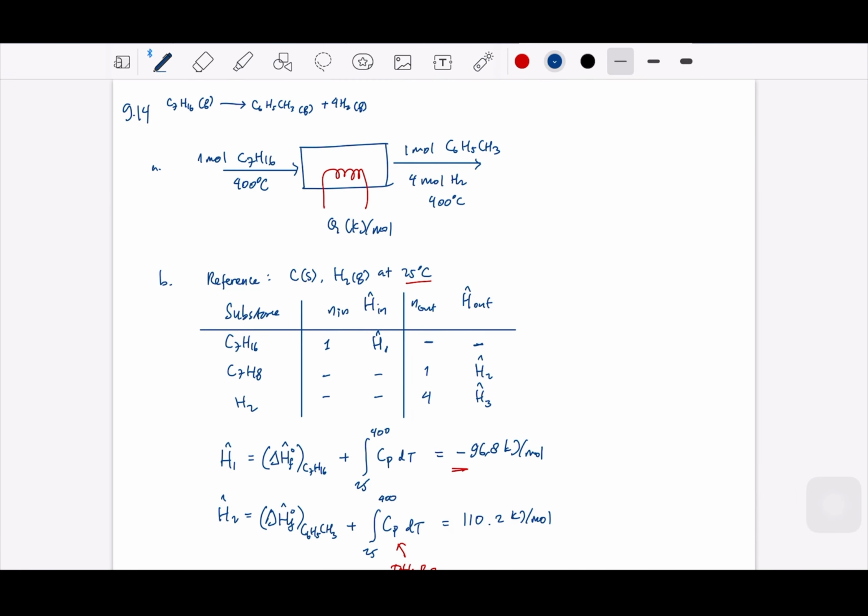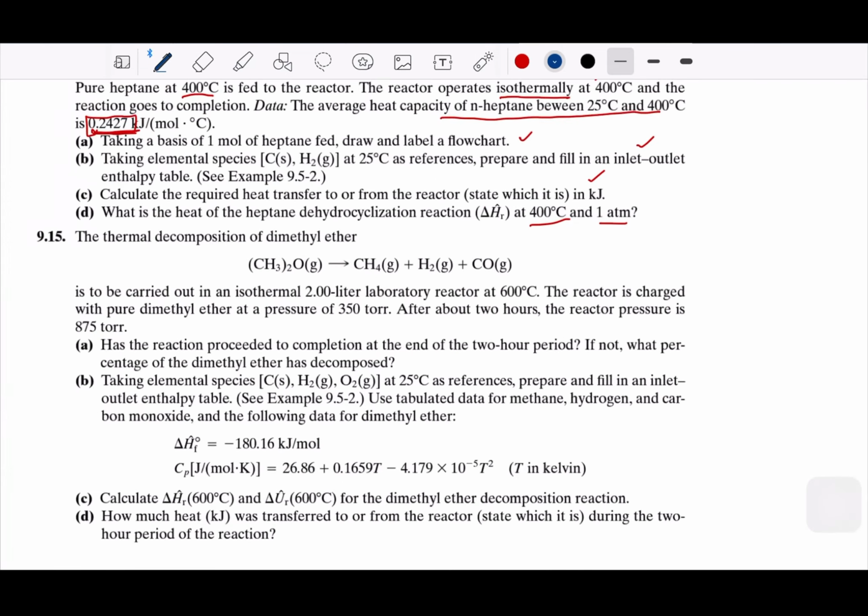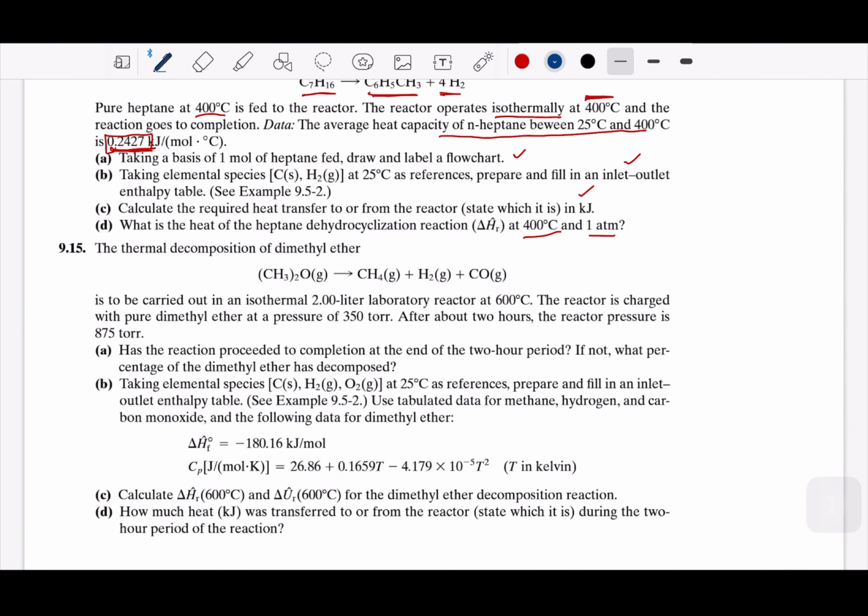So that's 9.14. So I hope you can also try 9.15. It's pretty similar. The difference is it has the pressure, and you need to assume it's ideal, and then you need to use this 2 liter to make out the moles, and then the pressure we are going to have through the ideal gas formulations.